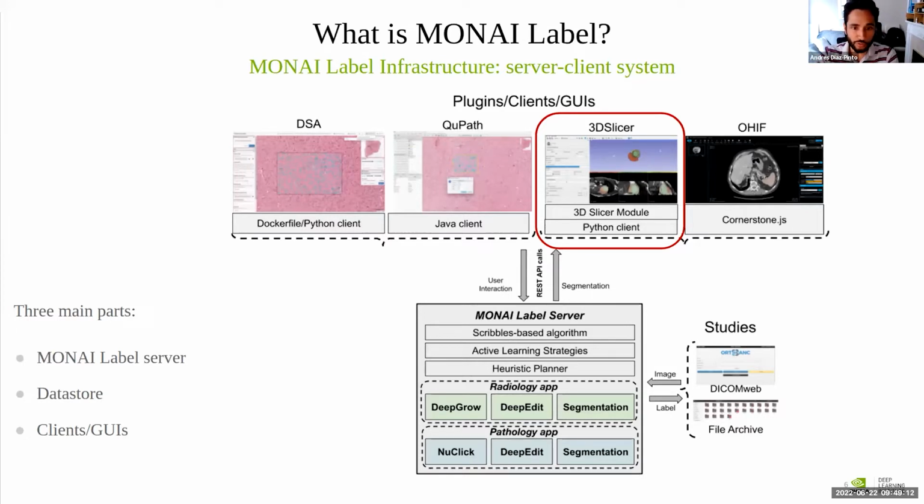You can use MONAI Label server on your local computer, install it on the local computer and store the images in a folder. So when you start the server, you specify the folder where the images or the studies are located, and you should be able to use a MONAI Label server plus 3D Slicer or plus OHIF or any other viewer that you want to work with.